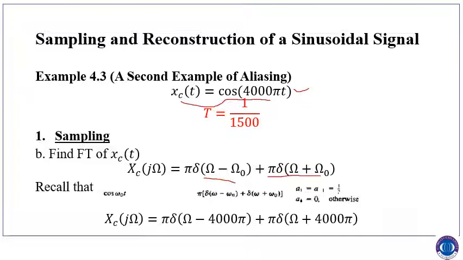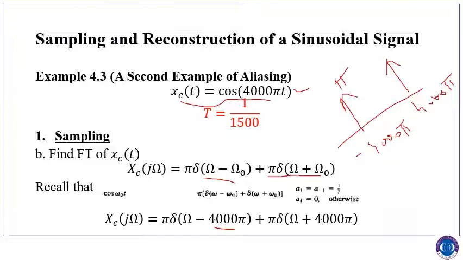Omega naught here is 4000 pi, so we substitute 4000 pi and minus 4000 pi in this spectrum. So we will have two impulses. The spectrum will be like this: 4000 pi and minus 4000 pi, and this will be pi and this will be pi. So this is the spectrum of xc of j omega.